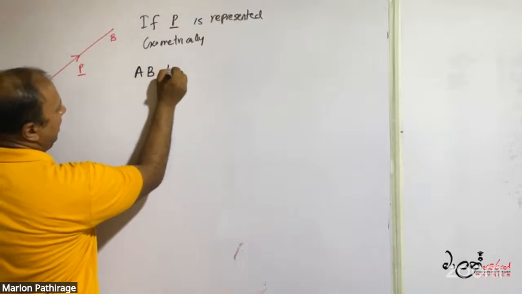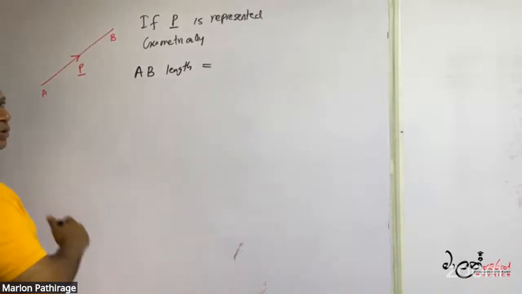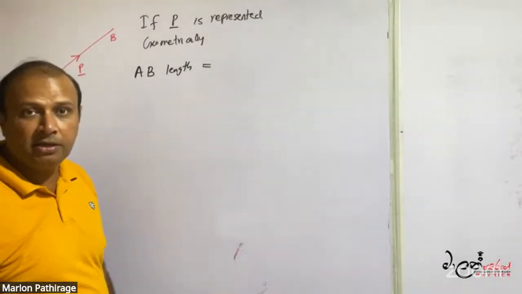That means AB length is equal to the magnitude of P vector.